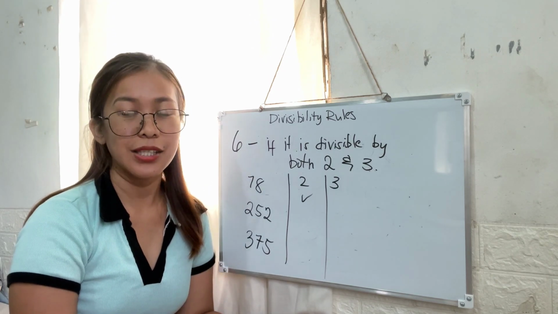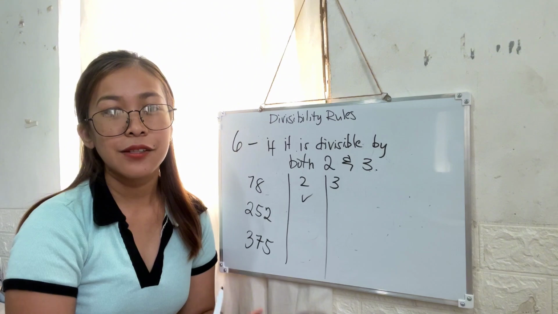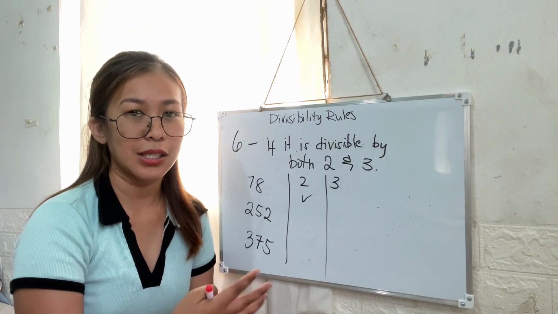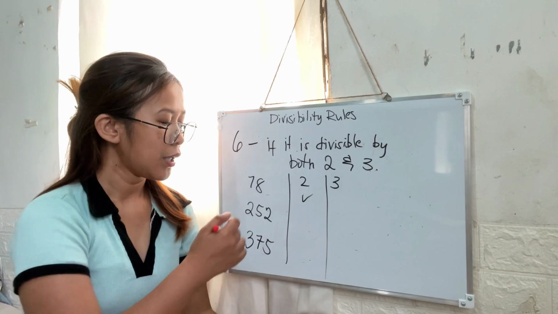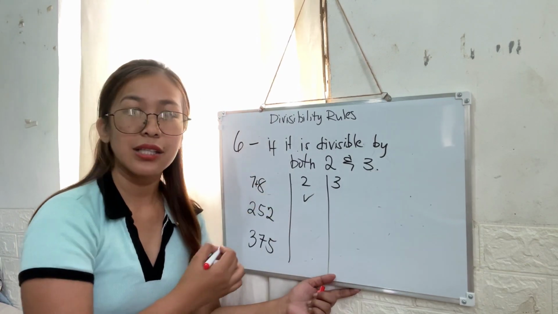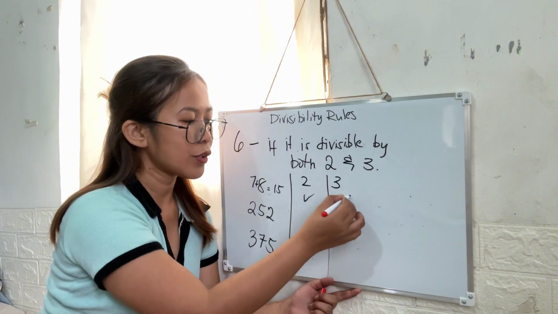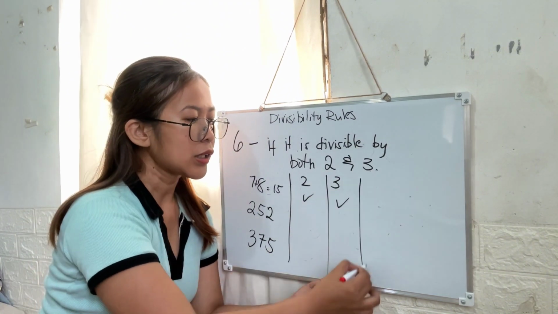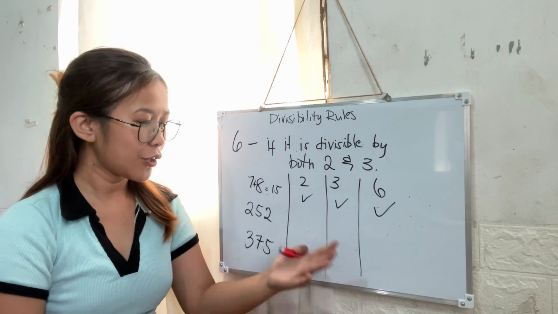You have to add. And then, kung yung sum niya ay multiples of 3, then it's divisible by 3. So, 7 plus 8 is definitely 15. So, this is also divisible by 3. So, therefore, this is divisible by 6. Okay? Ganun lang kasimple.